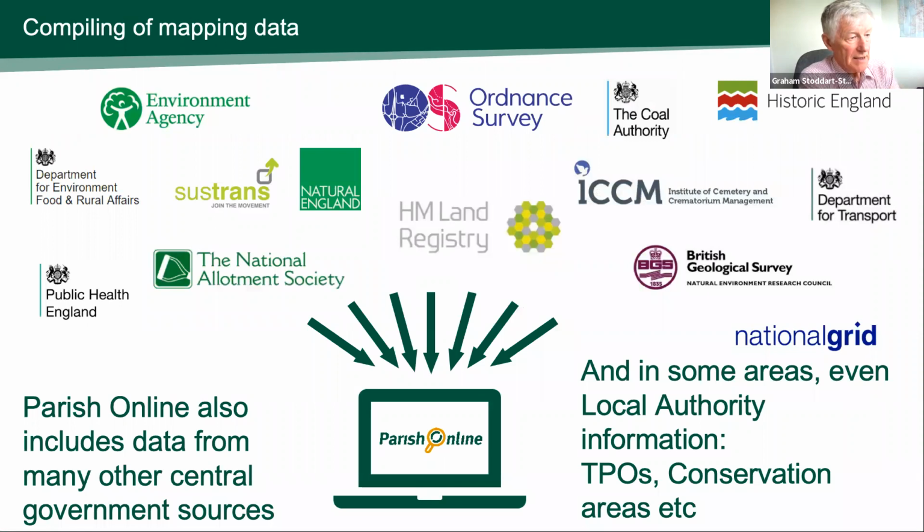So where does the data come from? So the system will explain later about layers, but you've basically got lots of layers of information coming from all sorts of places. There are literally hundreds of layers, which sounds awful, but in fact, that's very, very useful. And you're getting these inputs from all over the country, from both private organizations like the National Allotment Society to anything to do with government.